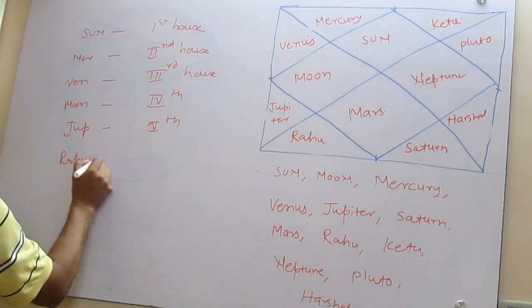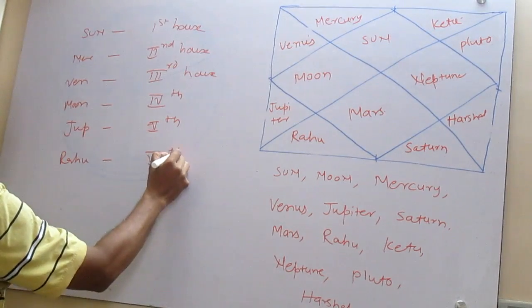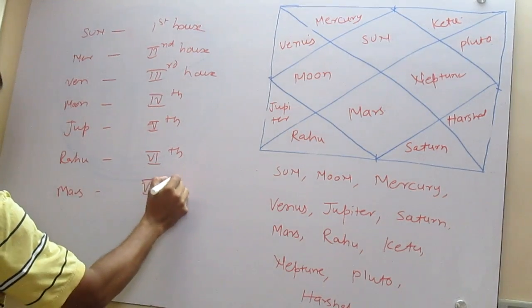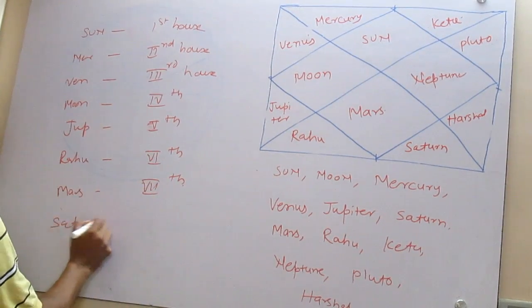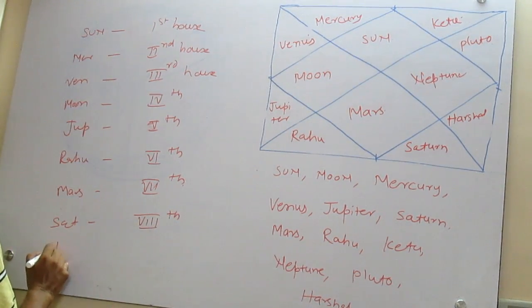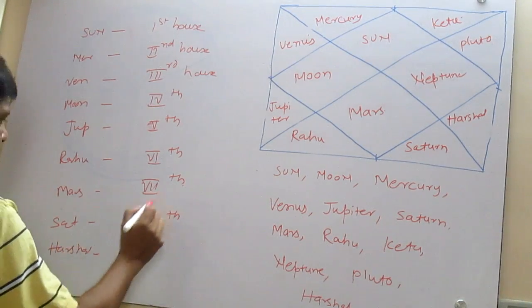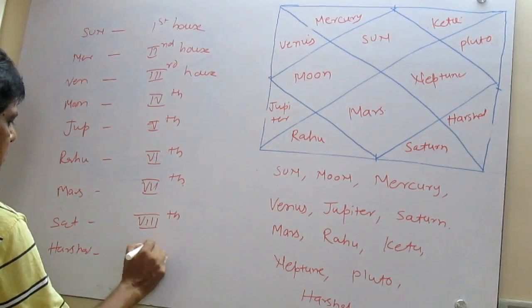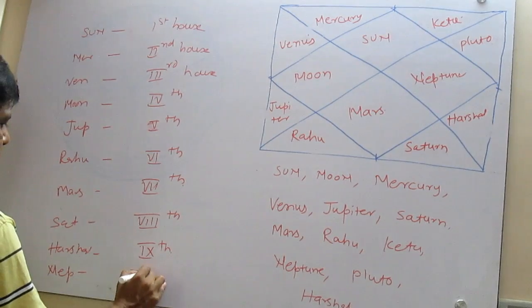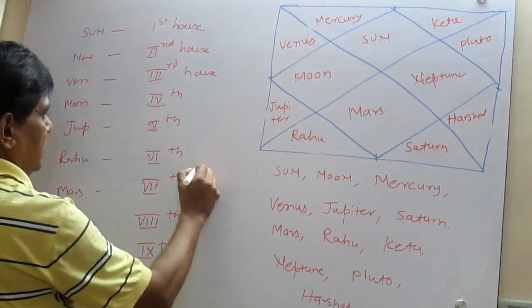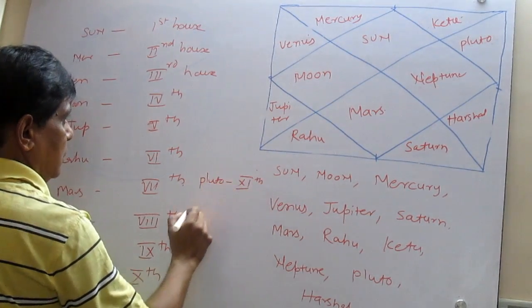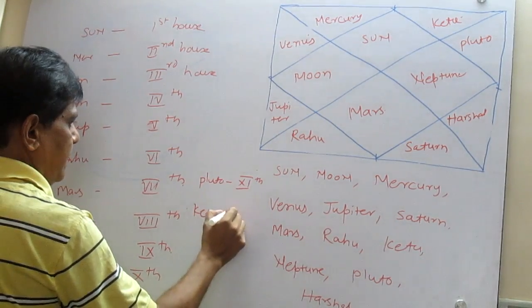Rahu in sixth. Mars seventh. Saturn eighth. Harsha ninth. Neptune 10th. Pluto 11th. Ketu in 12th.